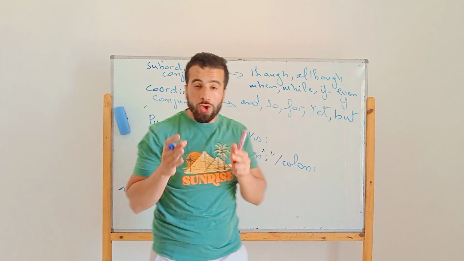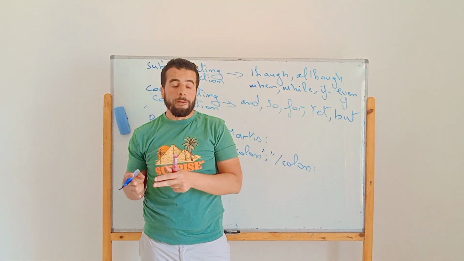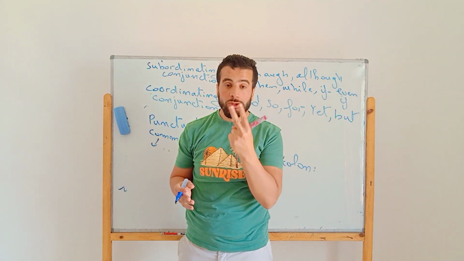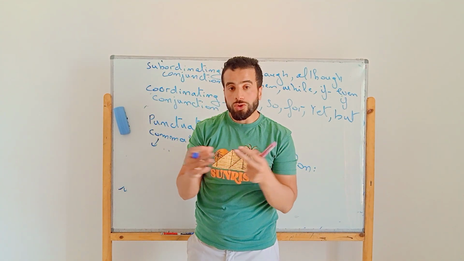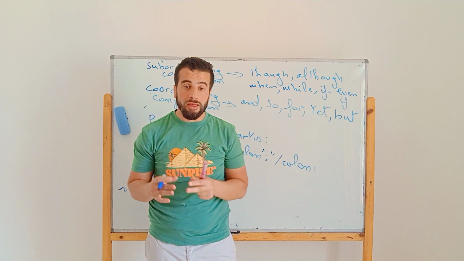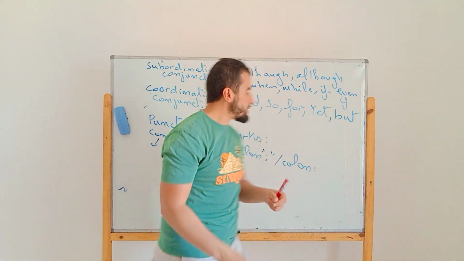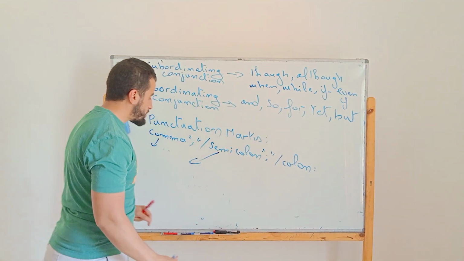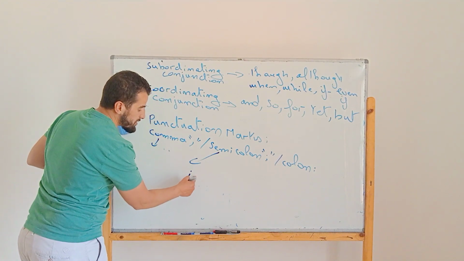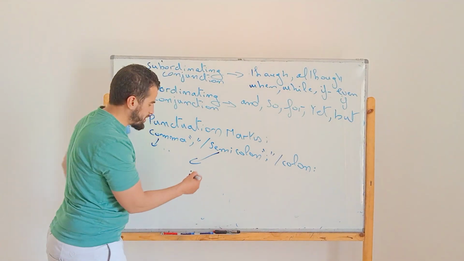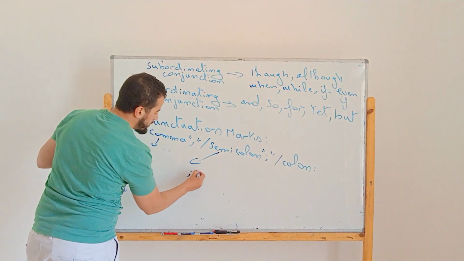If you have two independent clauses in one paragraph and you want to connect between them, just put the semicolon. Put the semicolon, and then you put the subordinating conjunction or any other conjunctions, for example, however.